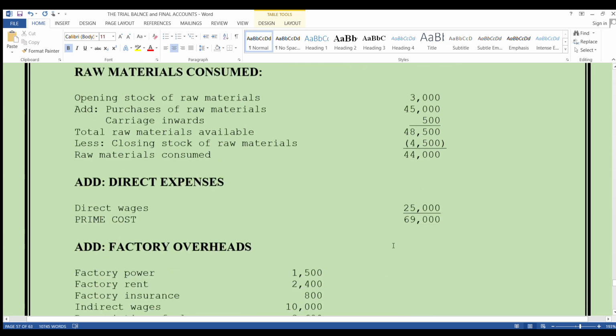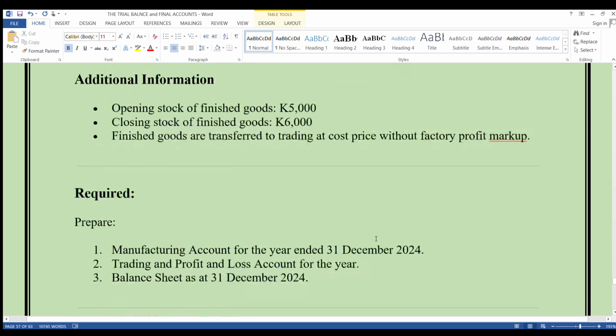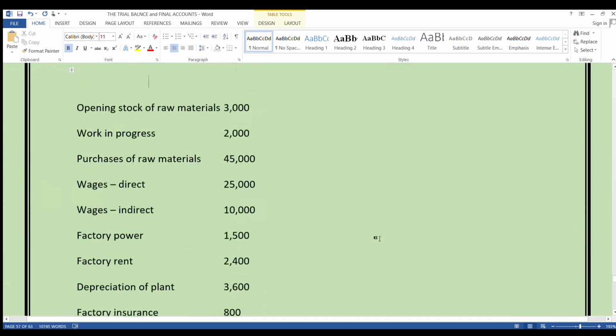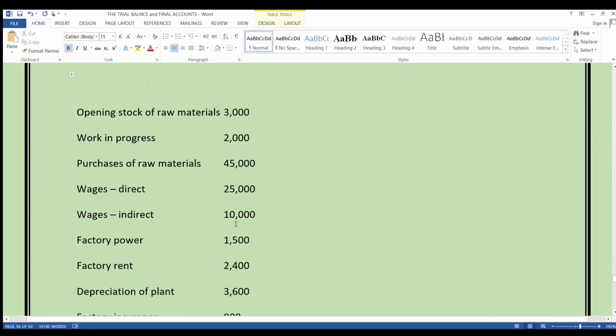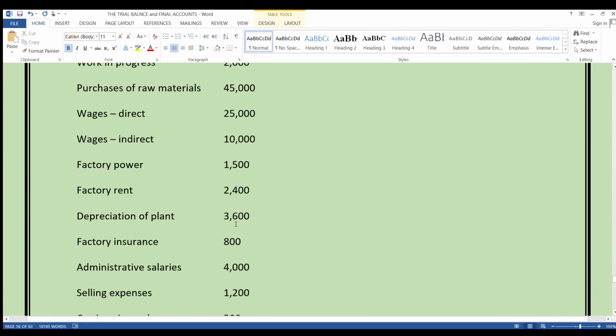Next, we go to direct expenses. We have to identify direct expenses from our list. If we try to do so, we have wages, which are 25,000, and what other direct expense do we have here?